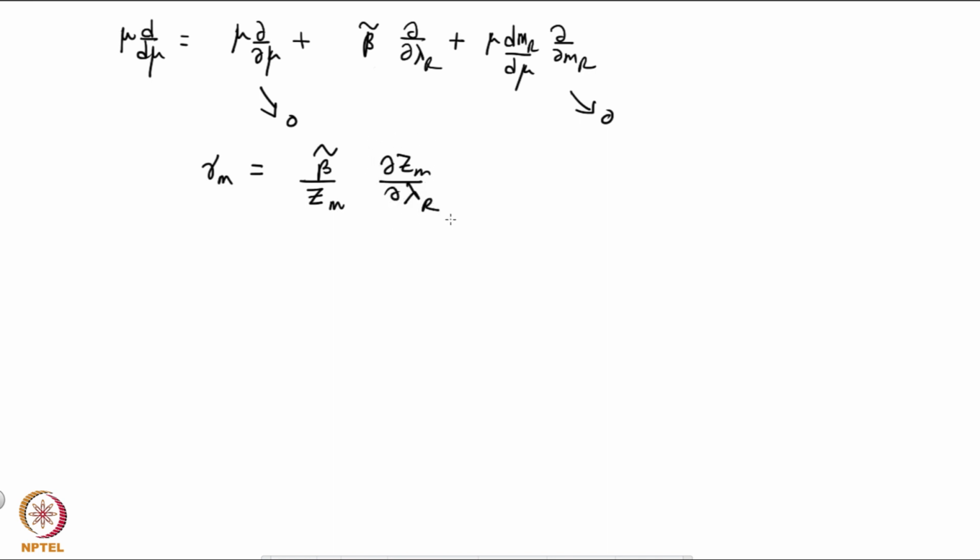Now I can take the derivative easily because Zm is just a function of lambda r and epsilon. You can replace this by a total derivative because Zm depends only on lambda r. There is no other variable.